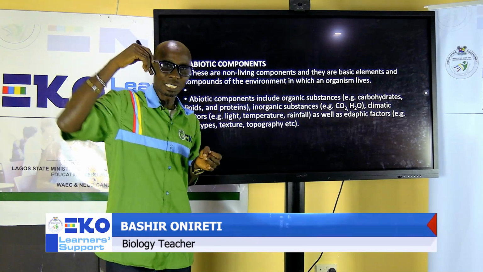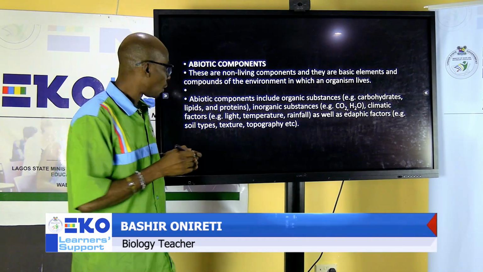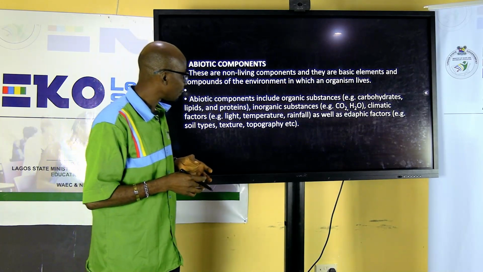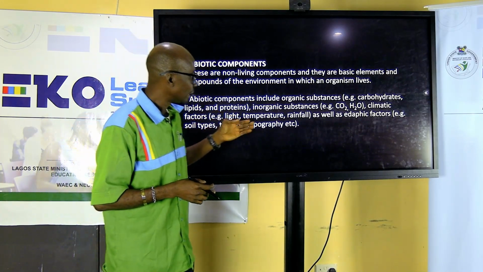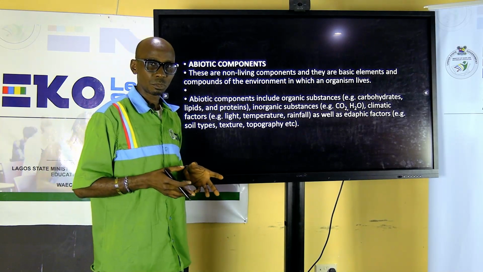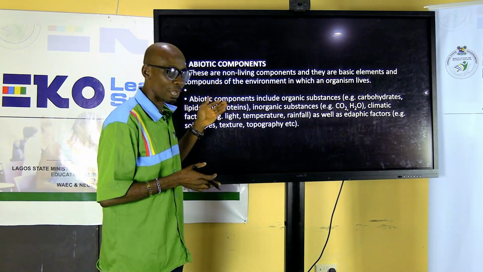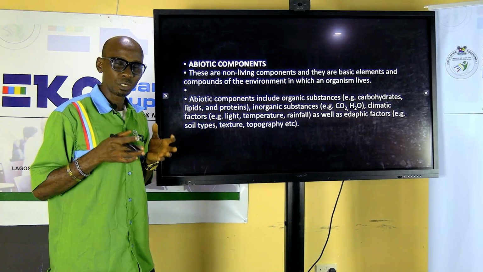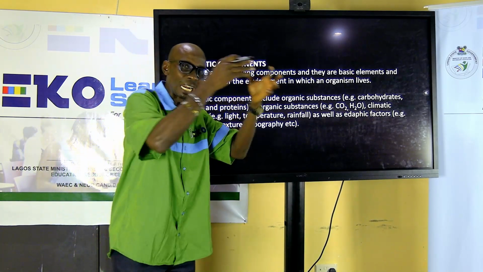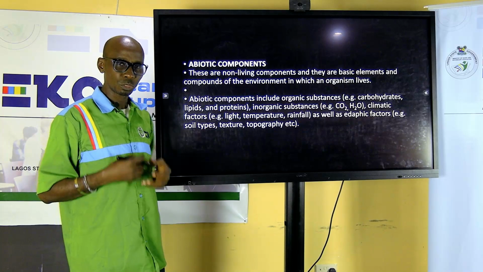These are factors that are not living, but are important for our survival. Examples are light, temperature, rainfall, water, soil. All these are abiotic components. They are non-living components which every living organism will interact with for its own survival.